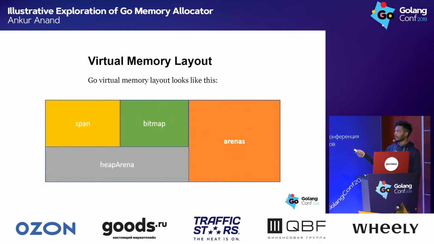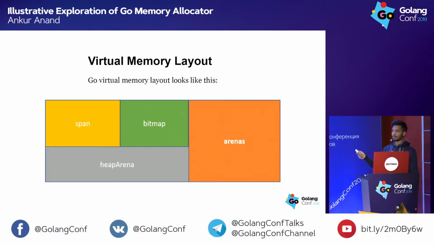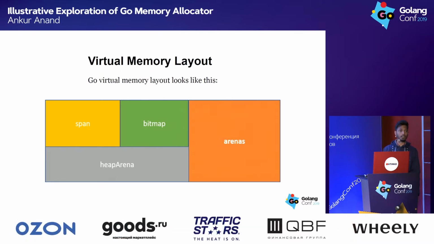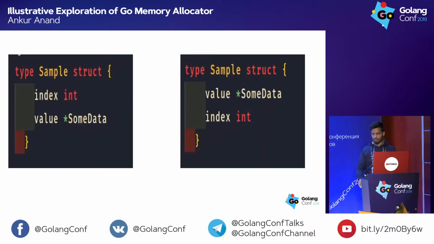So we have a heap arena, we have a bitmap. The bitmap is what helps you during garbage collection. As we have already seen, these numbers will help the garbage collector see when to stop scanning an object further, to find out if this object contains a pointer or not. Again, the same thing.